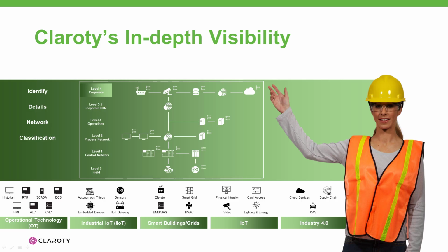Based on algorithms that analyze each device type, its communication pattern, and the communication protocol it uses, CTD assigns each device to a specific level within a standard hierarchical model called the Purdue model. This allows CTD to accurately decide where in the network each device belongs and what the device's role is within the overall system.